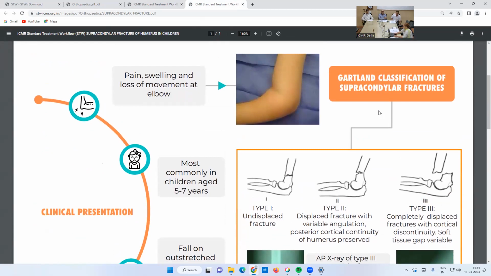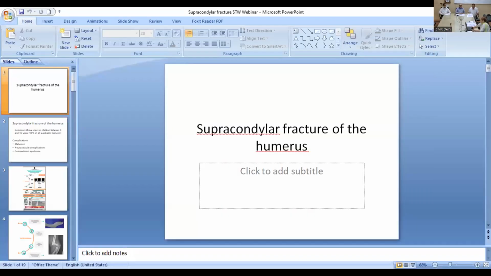Can you go to my slides? Yes, I'll display it. Turn off the screen share there. Yes.